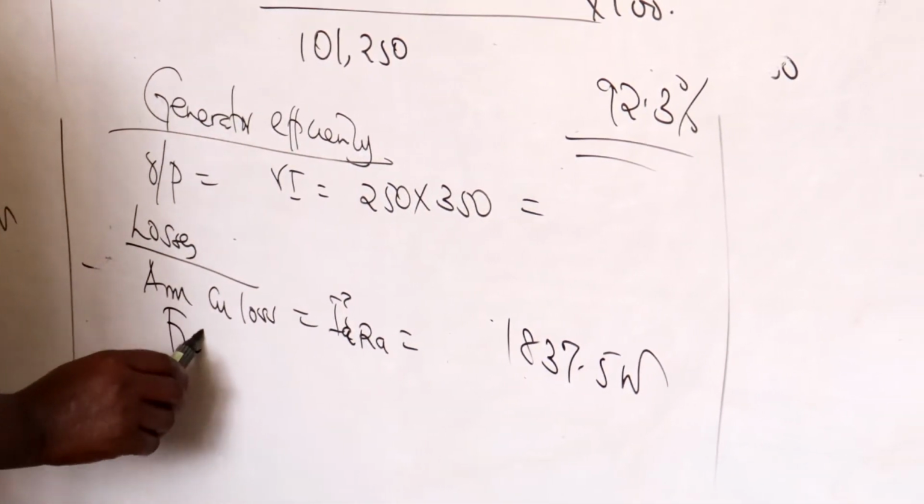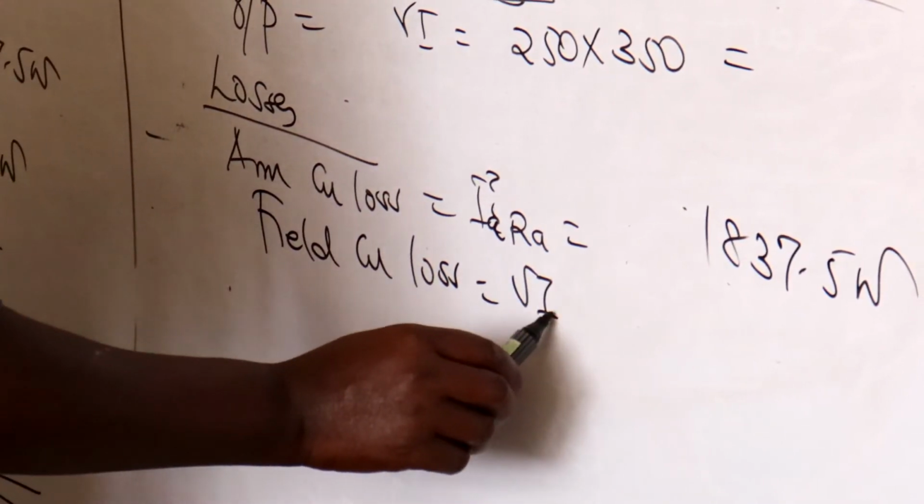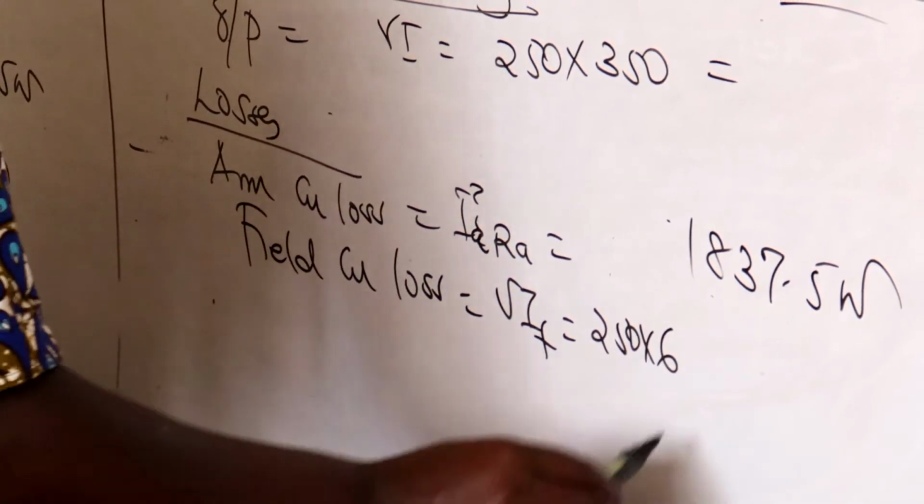Field copper loss, that is VI of the field, 250 times 6, which is 1500.